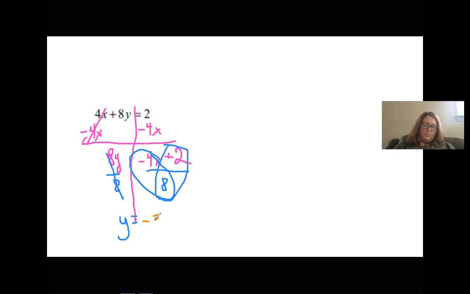-4 divided by 8 is -4/8, but I'm going to simplify that. Another way of saying that is 1/2, right?